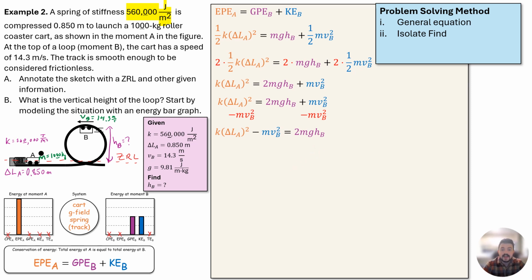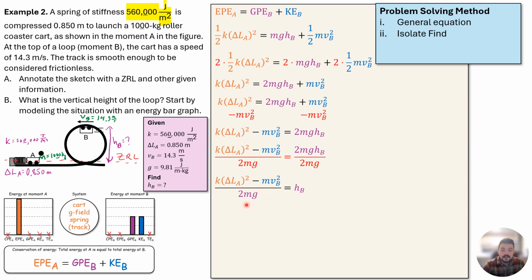Step 2 now is to divide each side by everything else to get the find by itself. So everything else being 2MG here, the stuff that's in front of the H, divide by 2MG on both sides of the equal sign, and we're good to go. If I do that, everything on the right divides to 1 except for H. And here I'm left with this expression on the left.